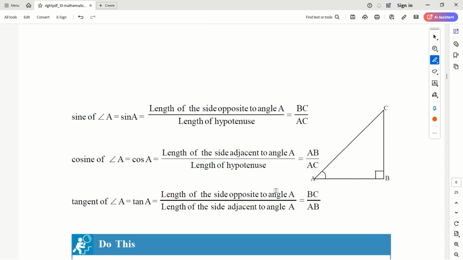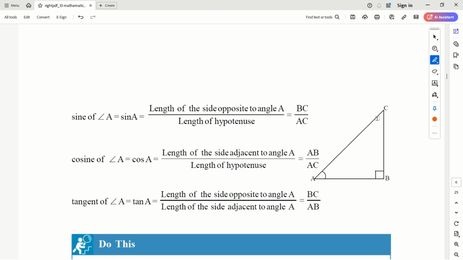Sine of A, we represent it as sin A, and we always pronounce it as sin A only. It is opposite length, which is BC, by hypotenuse, which is AC. BC by AC is sin A. Cosine, or cos, we sometimes call cosine A or cos A. Cos A is adjacent by hypotenuse, that is AB by AC.